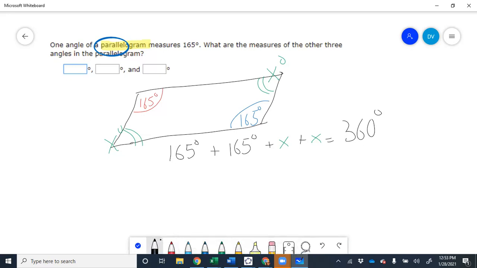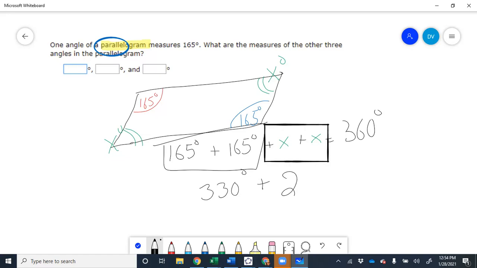So if we add these two, we get 330 degrees plus, and instead of saying x plus x, I'm going to say 2x. 1x plus 1x. You don't have to write a 1 there, but understand that there is a 1, even if you don't write it. If we add those, we get 360 degrees.